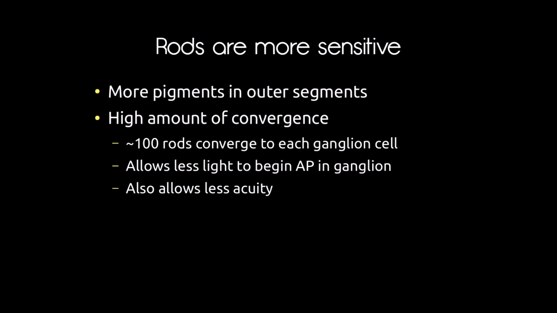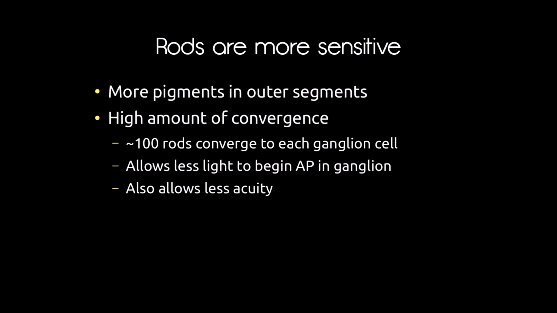There's also a high amount of convergence in rod cells. Rod cells are going to be lifting inhibition on bipolar cells in a graded way. So greater stimulus, greater graded potential. And those bipolar cells are going to be giving this graded depolarization to ganglion cells. But it turns out that about 100 rods are converging onto each rod-associated ganglion cell, which means that you have a lot of convergence of information, but this allows for essentially amplification of that information.